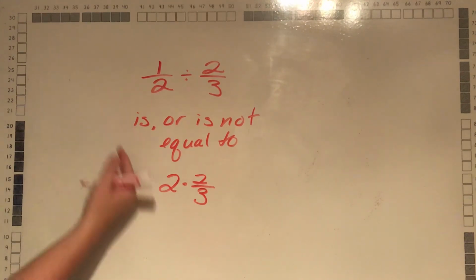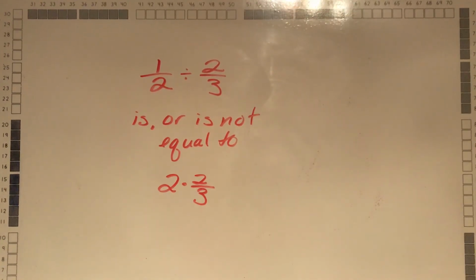Okay, so I want you to look at that, tell me is it or is it not equal to, and then explain to me why. So put that in your notebook, and then you can get started on your homework.